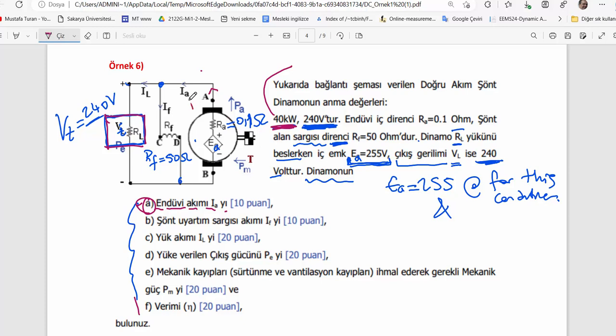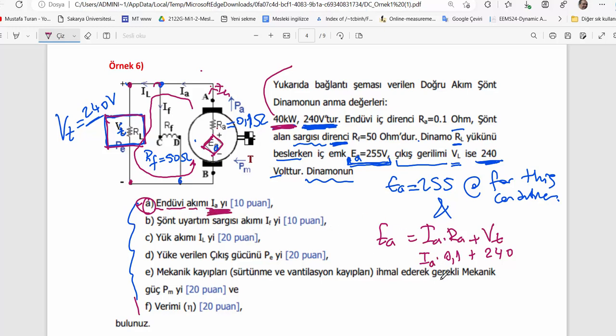Houston, I can write Kirchhoff's voltage law around this loop. Induced EMF is equal to armature current times Ra plus terminal voltage. That is given as 240, and armature resistance is given as 0.1, and the armature current is just asked.